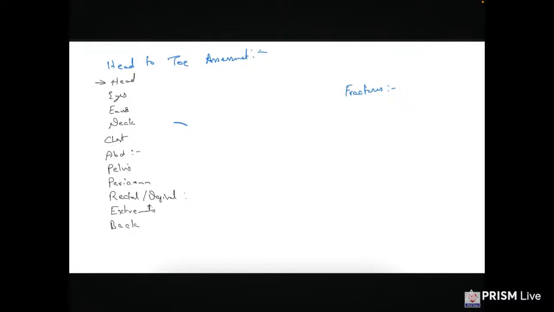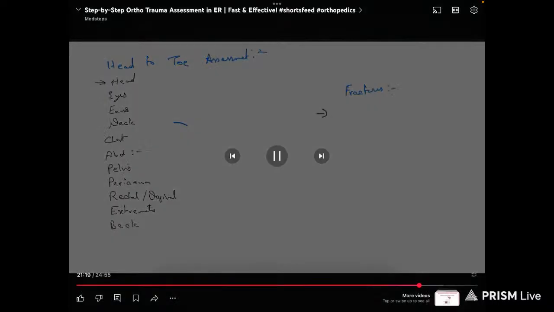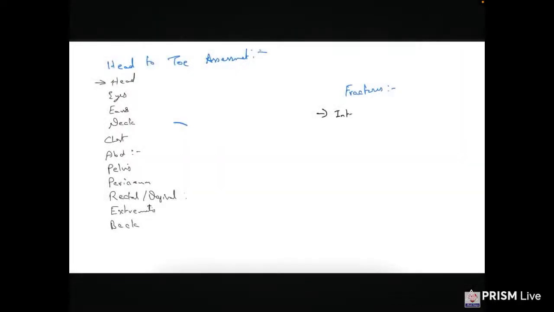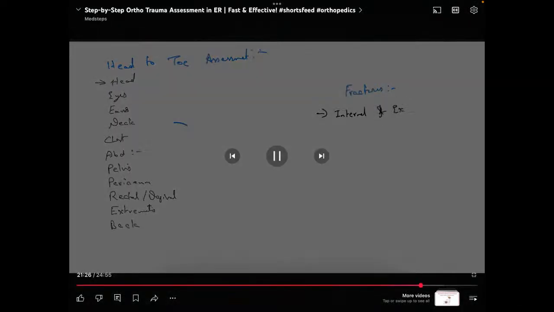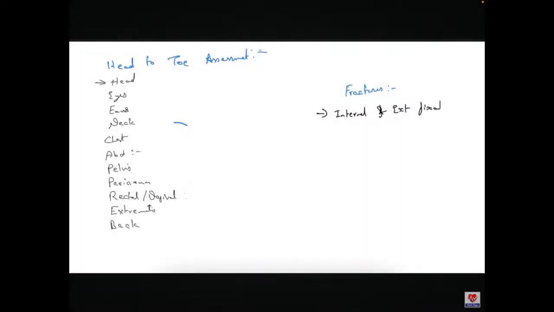After that, we have to do internal and external fixation based on the fracture, internal and external fixation of all fractures.